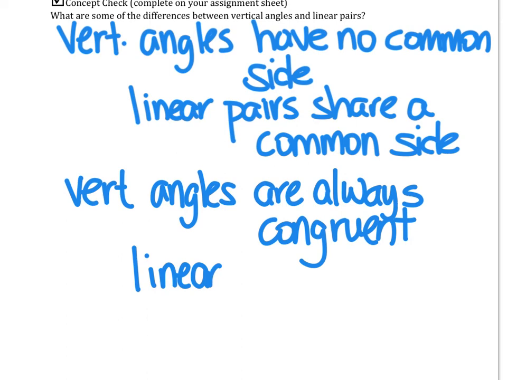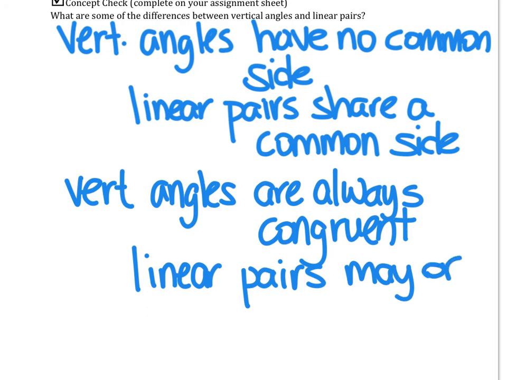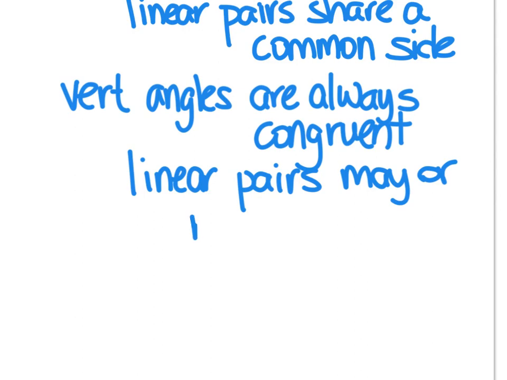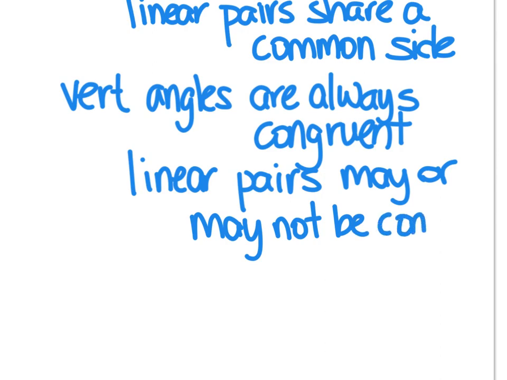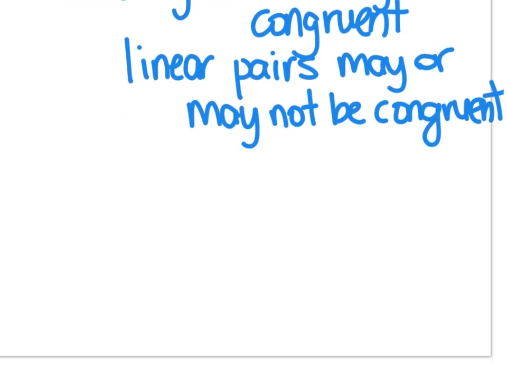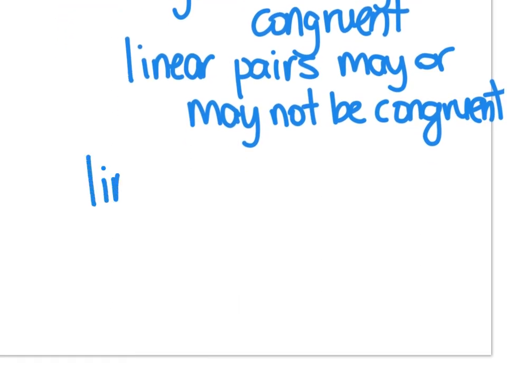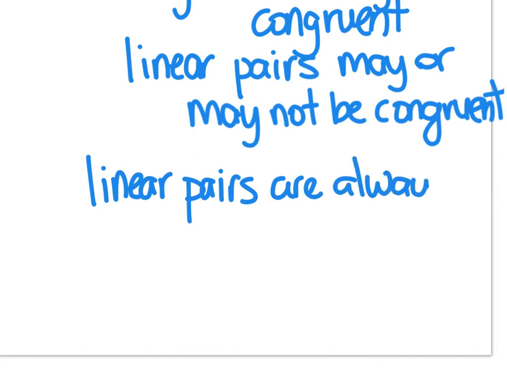So this would just be may or may not be congruent. And then our last thing would be that linear pairs are always, what? They're always supplementary.